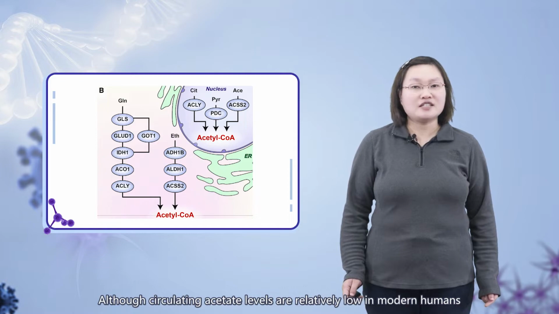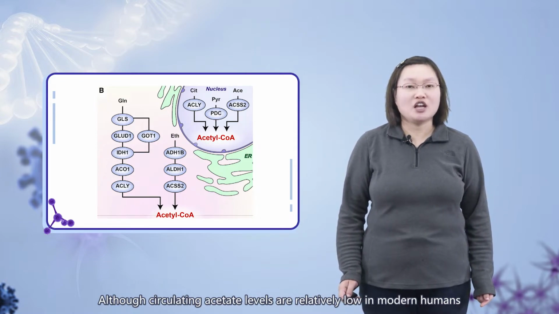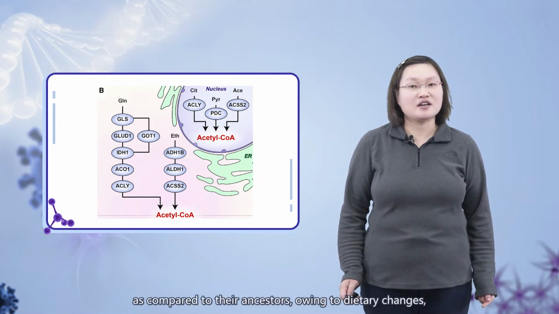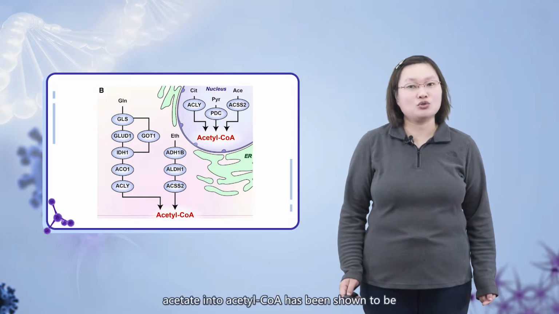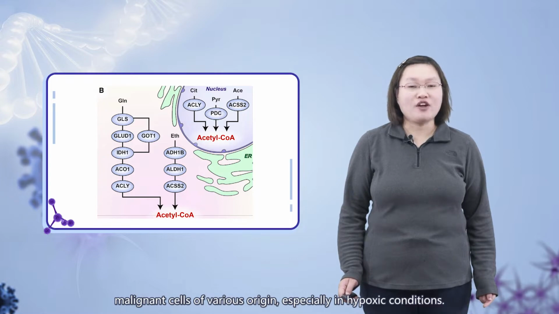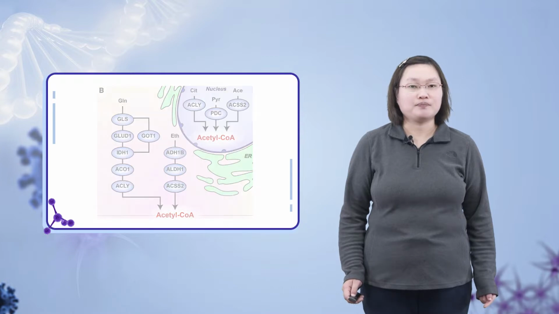Although circulating acetate levels are relatively low in modern humans as compared to their ancestors owing to dietary changes, the ACSS2-dependent conversion of acetate into acetyl CoA has been shown to be predominant in primary and metastatic malignant cells of various origins, especially in hypoxic conditions.